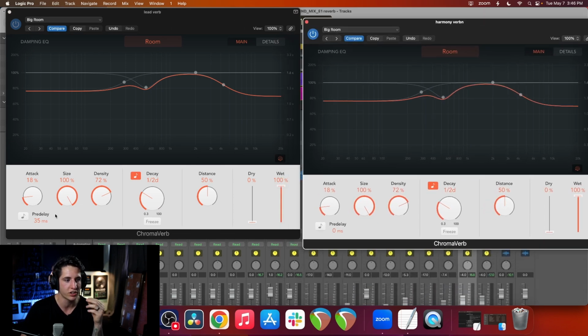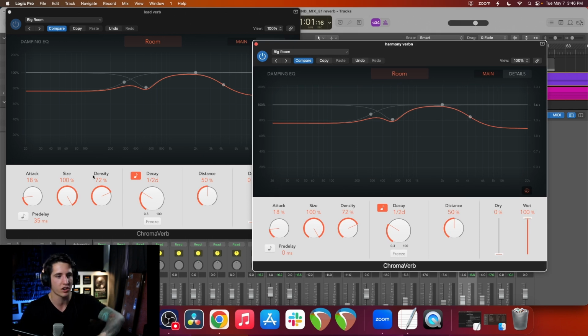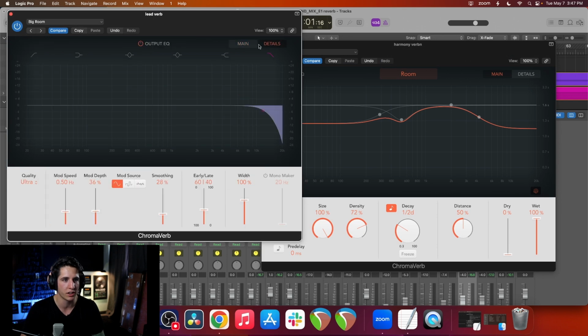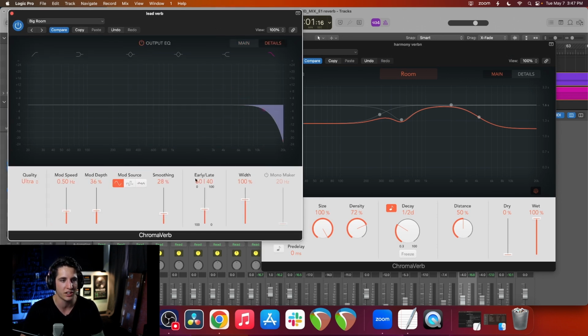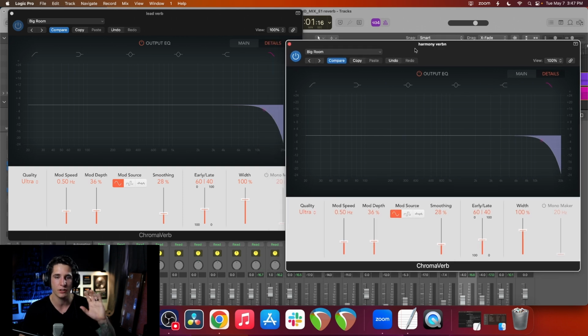So we've already adjusted the pre-delay to match, so that these are essentially completely identical except for this one pre-delay function. The next thing that we want to do is go into the details, and we could change this early late reflection balance to identify even more what is further away versus close to us.